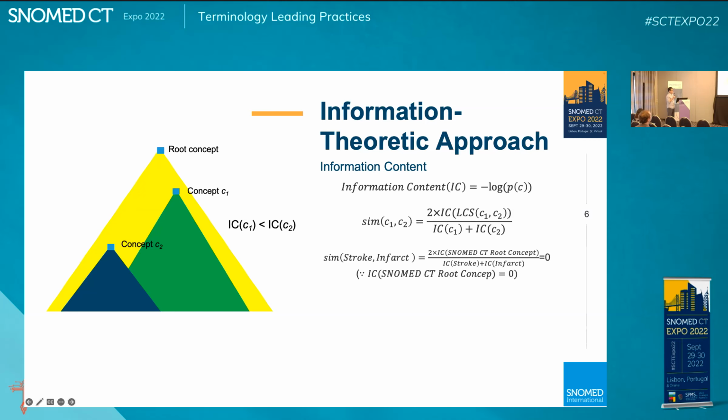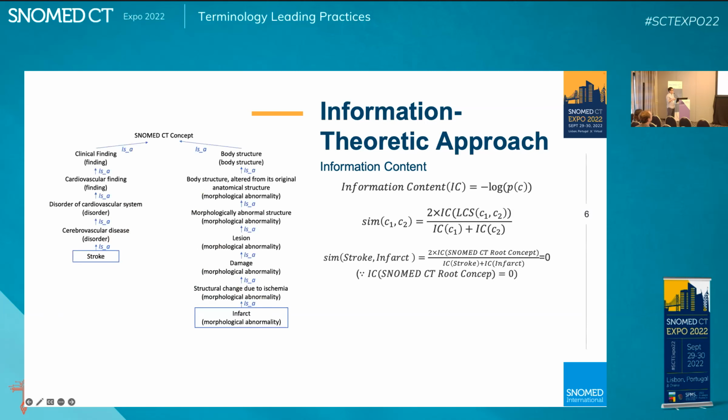use of the information content, which is defined as the inverse of the log of the probability of the concept and its descendants on the ontology. So when we measure similarity between two words based on information content, we consider the information content of the least common subsumer of two concepts, or LCS of two concepts, and we measure semantic similarity using the information content.